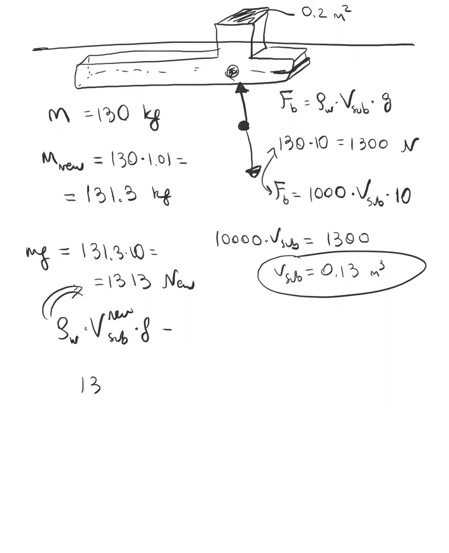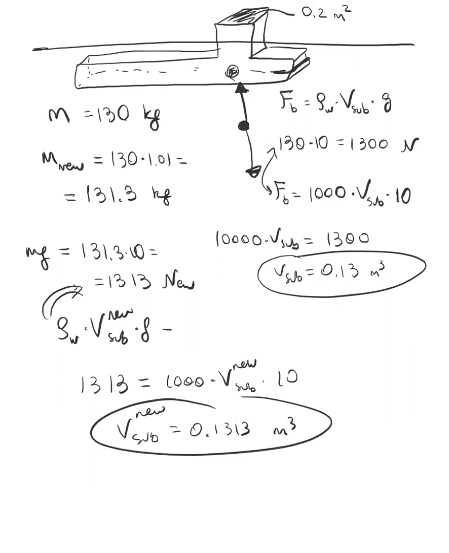So 1,313 will be equal to 1,000 times volume nu submerged times g. And my new volume from here will be 0.1313 cubic meters. So you see how this is more than that, which makes sense. I became heavier, so more of me is underwater now.